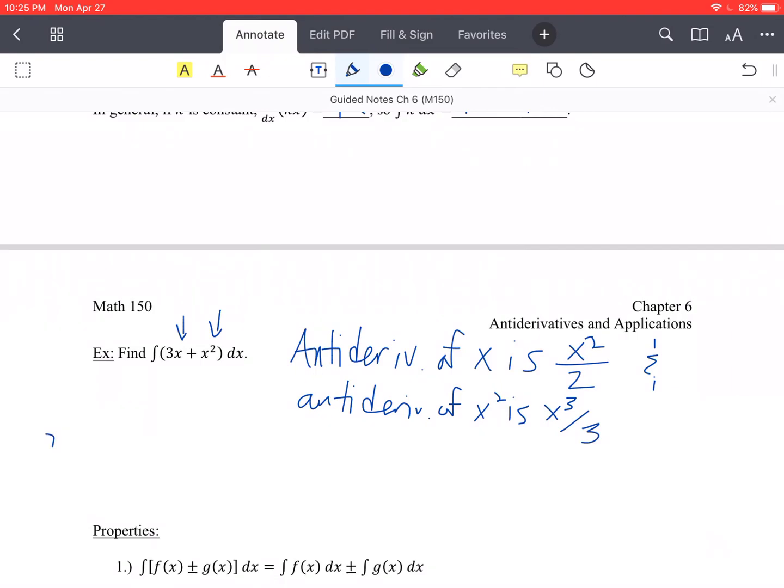So the integral of 3x plus x squared dx equals 3 times x squared over 2 plus x cubed over 3 plus c, plus that arbitrary constant.